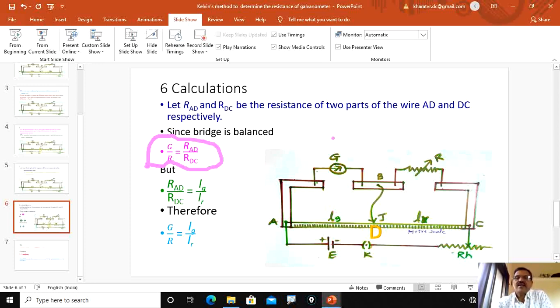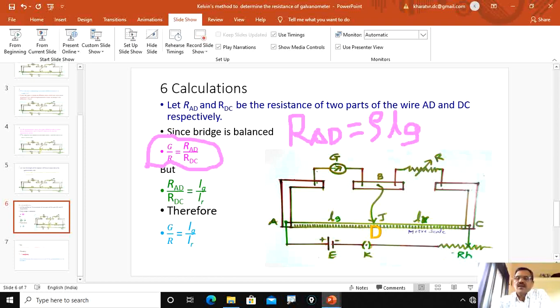But here, if rho is the resistance per unit length of the wire, then the resistance of this segment of the wire, RAD, will be rho into LG. LG is the length.